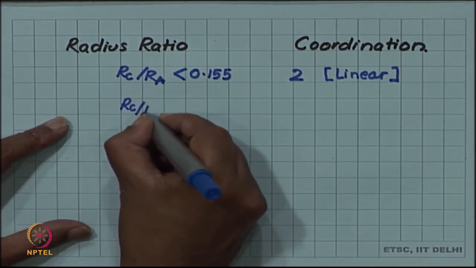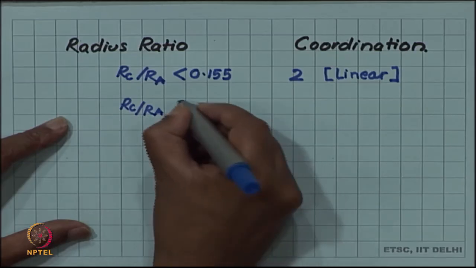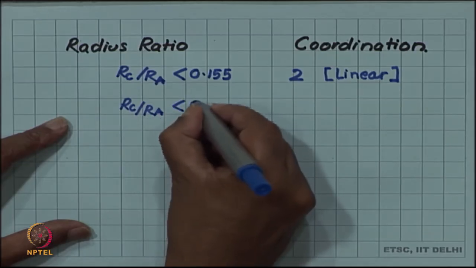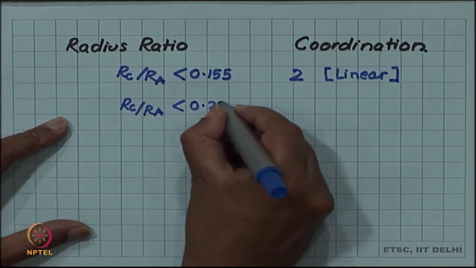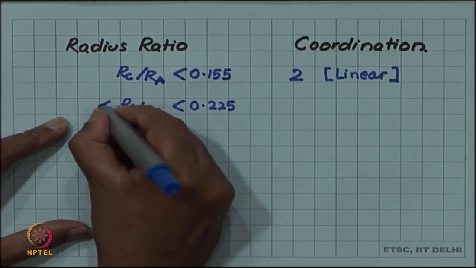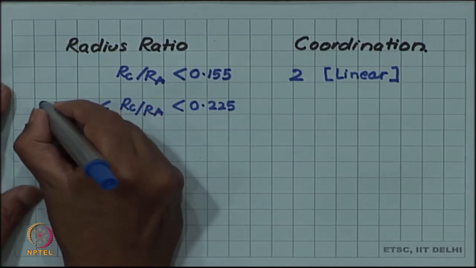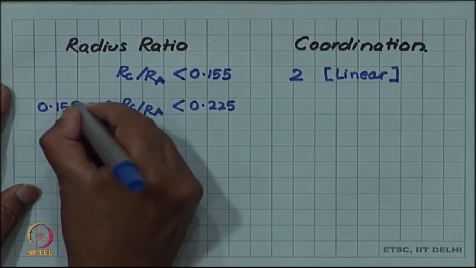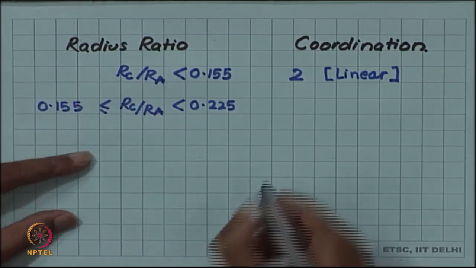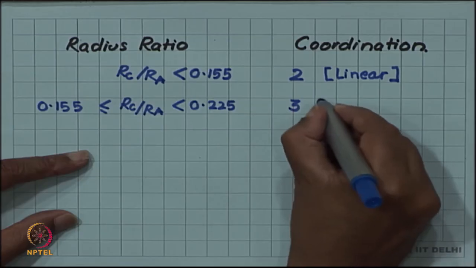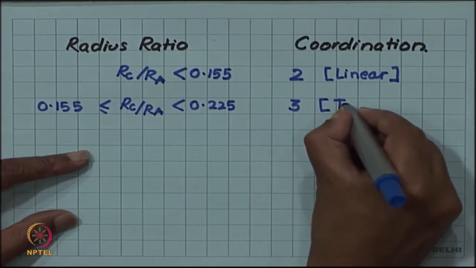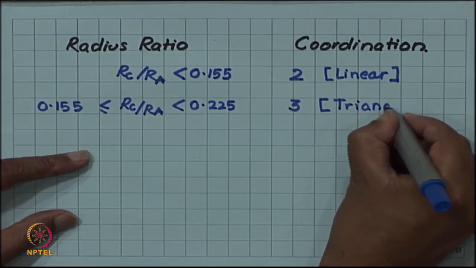The next critical value of RC by RA is 0.225, greater than equal to 0.155. This gives you 3, triangular coordination.